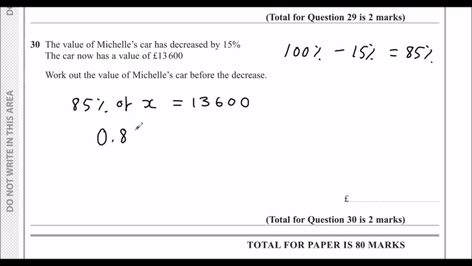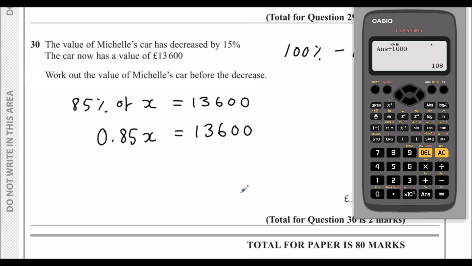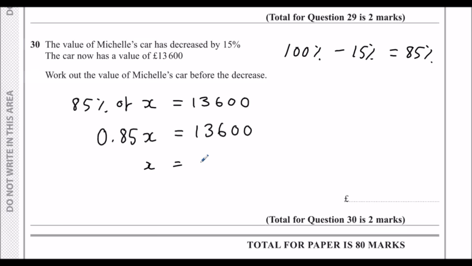So I could write 0.85x is 13,600. And to get x by itself, divide both sides by 0.85. So 13,600 divided by 0.85 is 16,000. So that's my answer.